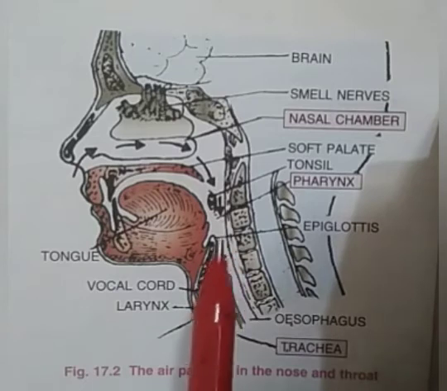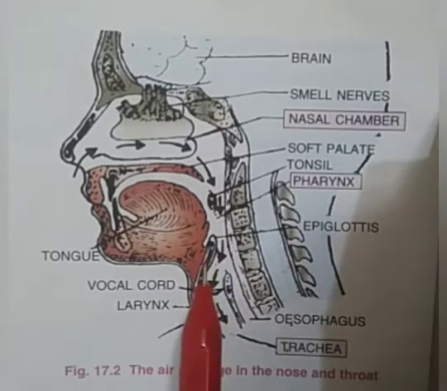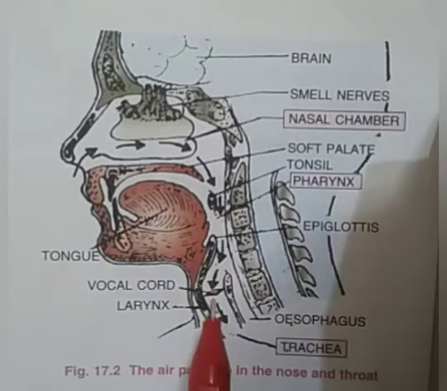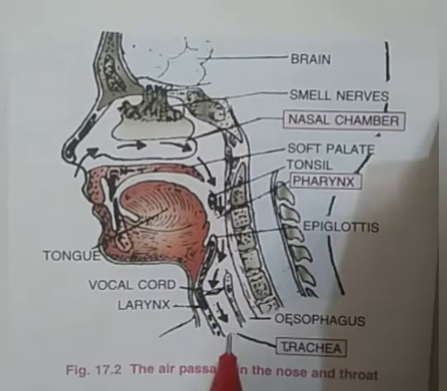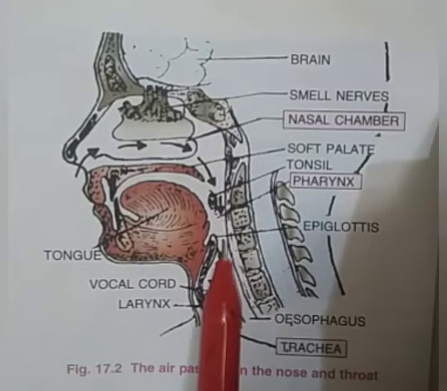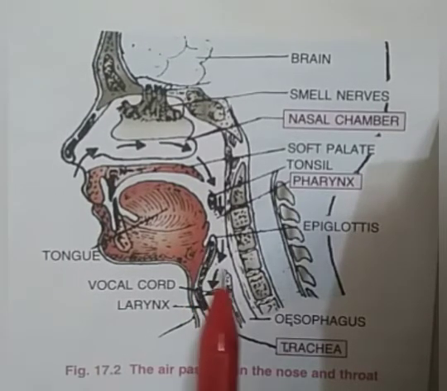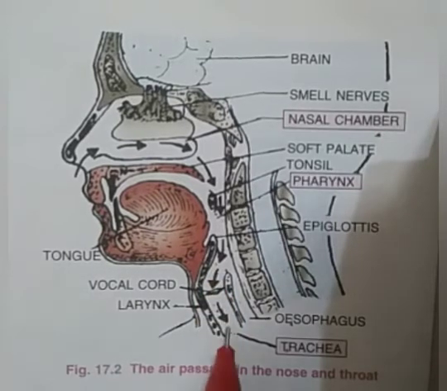As you can see, this is the entrance to the trachea, and this entrance is guarded by a muscular flap known as the epiglottis. The epiglottis closes the trachea or the glottis when we swallow food, so that food does not enter the trachea. This is the food pipe. If the epiglottis were open, instead of moving in the food pipe, the food would enter the windpipe. That's why this muscular flap closes when we swallow food, to avoid the entry of food into the trachea.